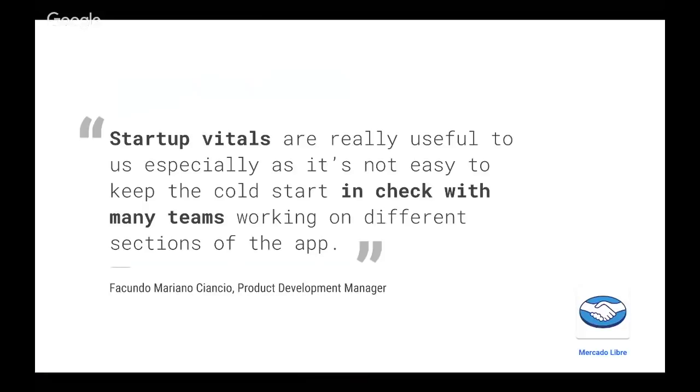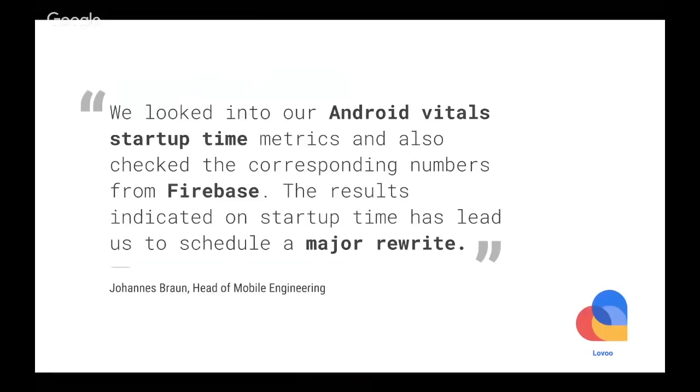So what they found is that the startup Vitals showed them that one of the teams had introduced a problem with their cold start, resulting in more users experiencing a slow cold start, which is where the app takes more than 5 seconds to load. And using Android Vitals, they saw this. We were able to work with the team that was responsible for this, that was not aware of introducing the issue, to then fix the issue and ship a much faster application for their users.